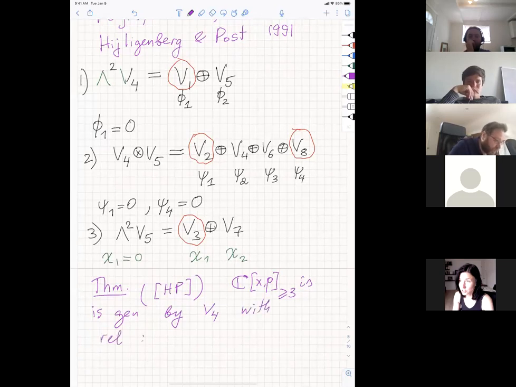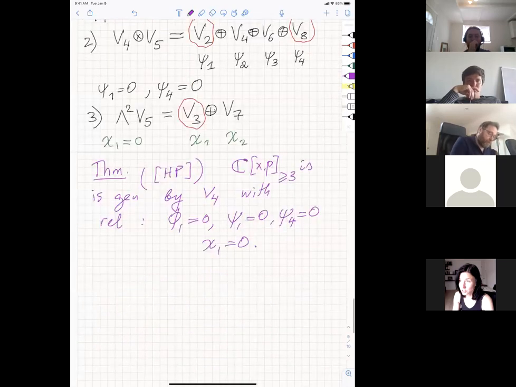So there are 4 relations: phi1 equals 0, psi1 equals 0, psi4 equals 0, and chi1 equals 0. Okay, so this is a very nice theorem.